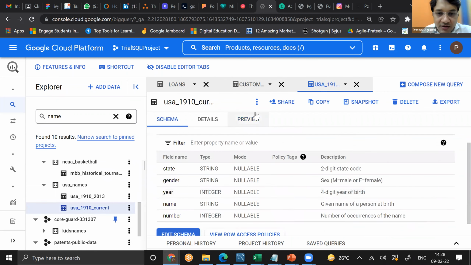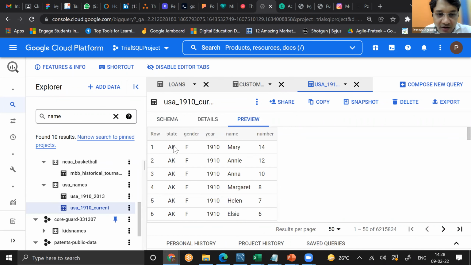Yeah, so if you notice here, there is a field called state, and a field called name, and a field called number, which essentially shows you how many babies were named Mary in this year, in this state. Do you understand what I'm trying to say, guys?